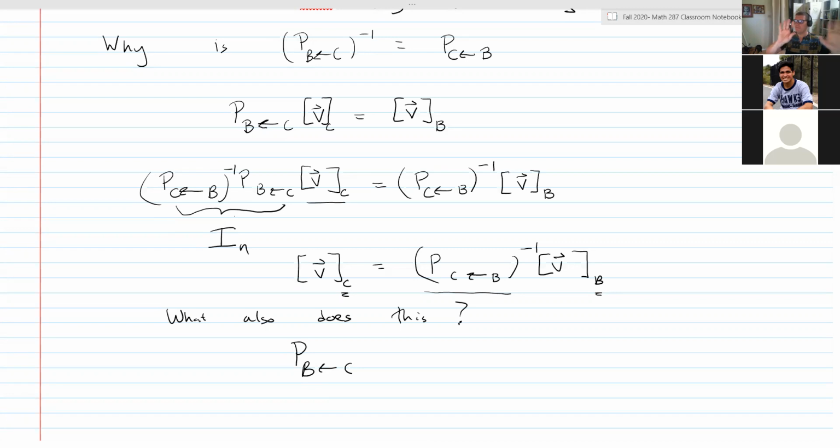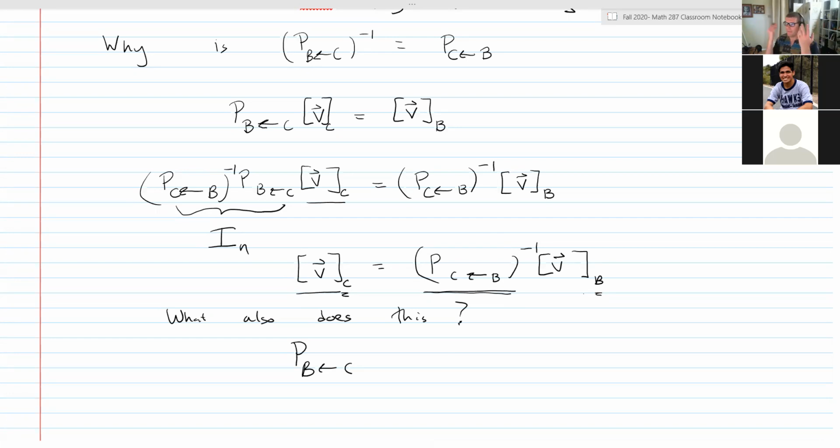We take that inverse and left multiply both sides by that matrix. Then we're left with just the vector on one side, and on the other the inverse times VB. Well, there's another matrix that does the exact same thing, and that's called P, C into B.